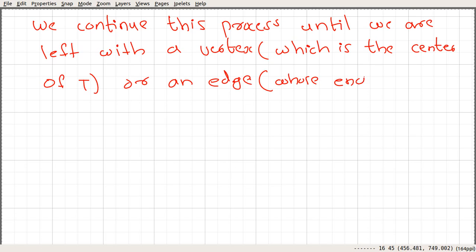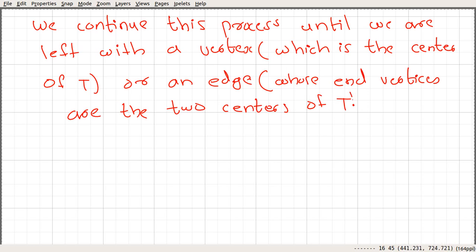So whose end vertices are the two centers of T. And that's the proof.